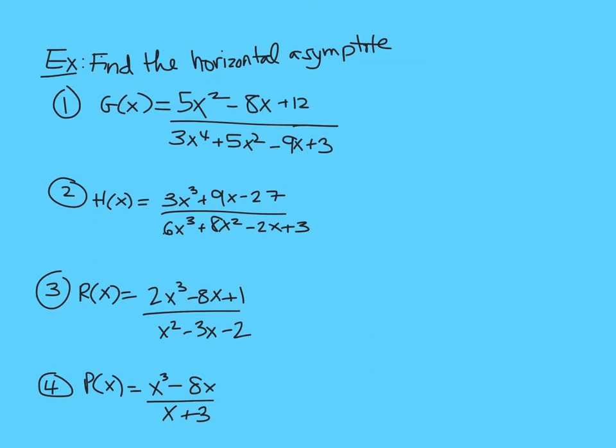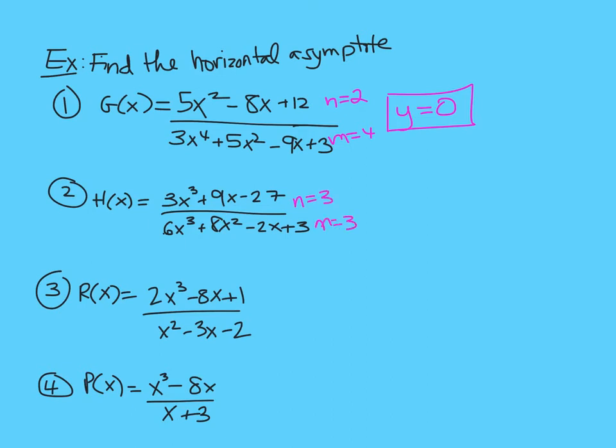So for number 1, you'll notice that the degree of the numerator is equal to 2. The degree of the denominator is equal to 4. Since the numerator degree is less than the denominator degree, I just have a horizontal asymptote at y equals 0. Number 2, I have the same degree for both the numerator and the denominator.